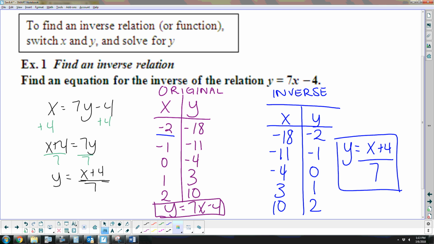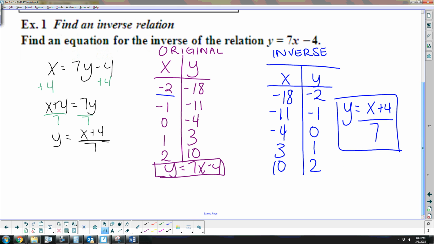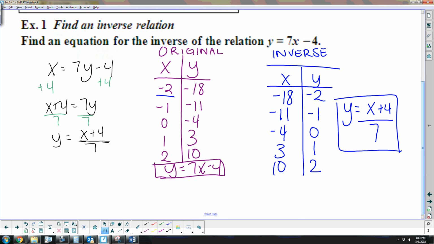So let's try just a couple so that you can see how switching the x and y values in the relation equation and in the relation table hold true in both circumstances.